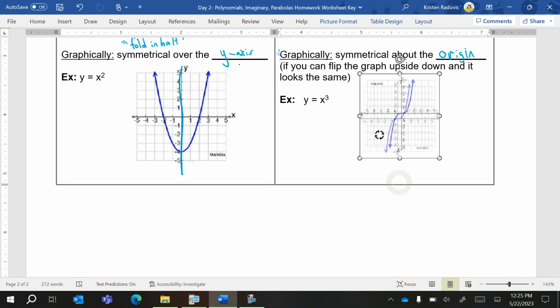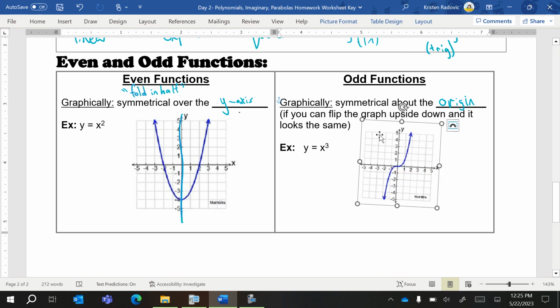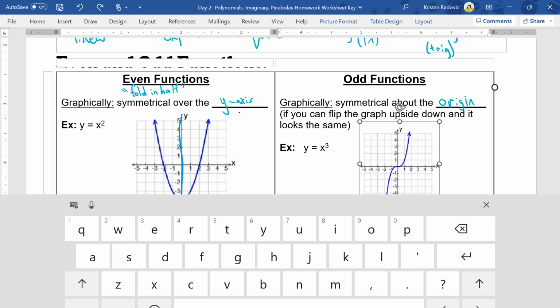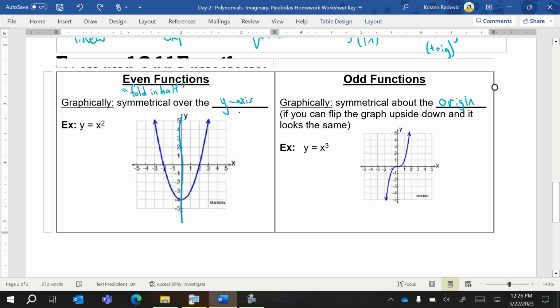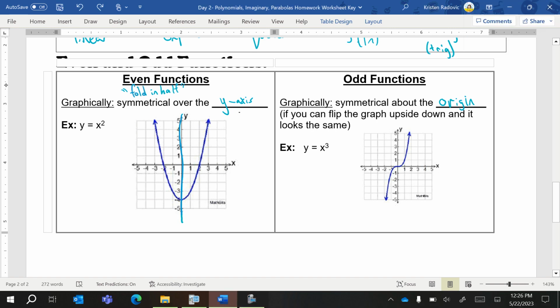That makes it odd. So if you turn something upside down and you see the same graph, then it is an odd function. If you could fold it in half down the middle, not down anywhere, but down the y-axis, then it would be even. And this is important to know, the different type of symmetry for your quiz.